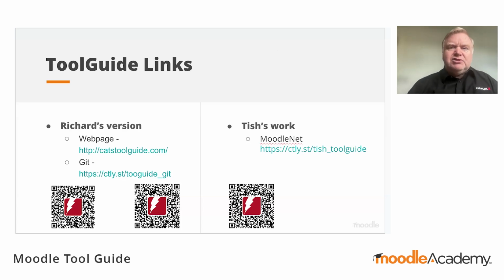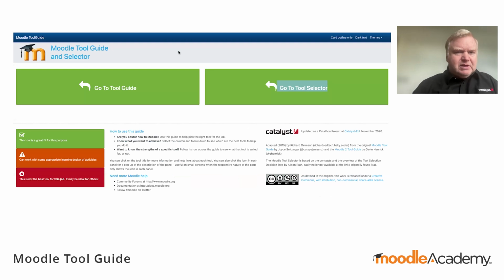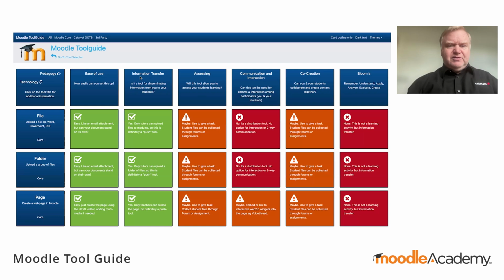So I'm just going to switch tabs a minute and go across to my tool guide. There we go. So Cat's Tool Guide will take you there. And as I said, there are two different sections. There's the tool guide itself and there's the tool selector. I'll show you the tool guide first, so I can tell you a little bit more about the columns and how it works. As I said, with Joyce's tool, mine does lift it exactly from Joyce's.